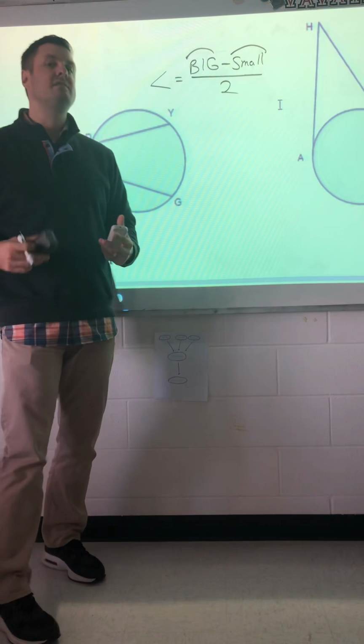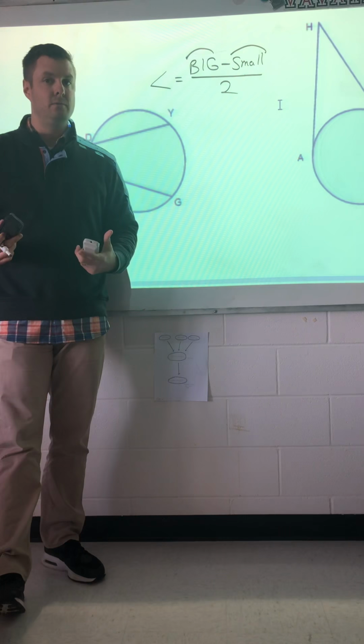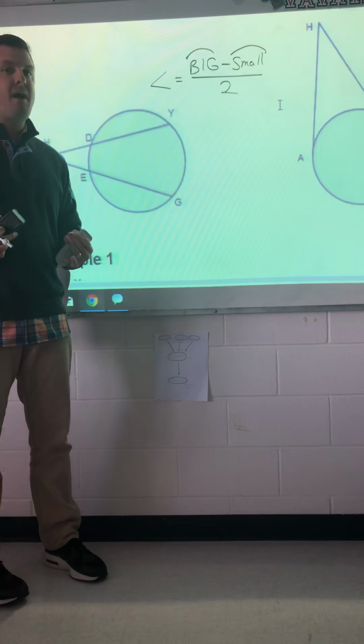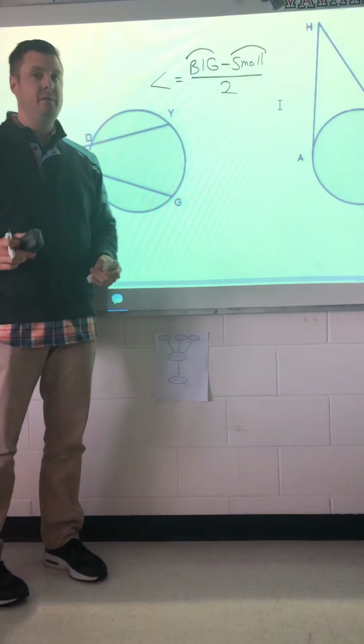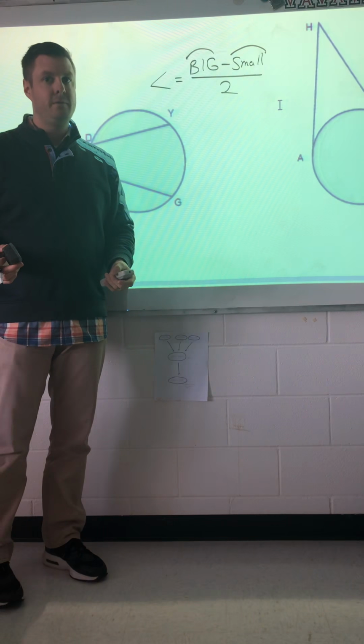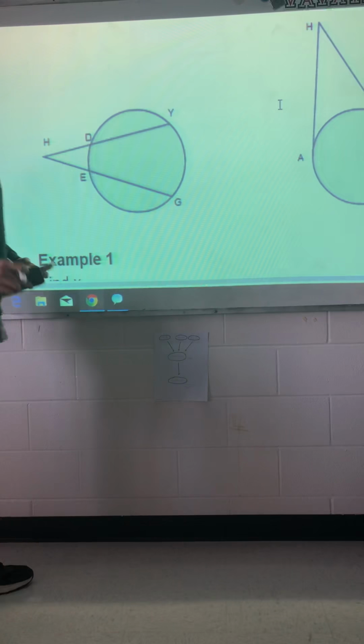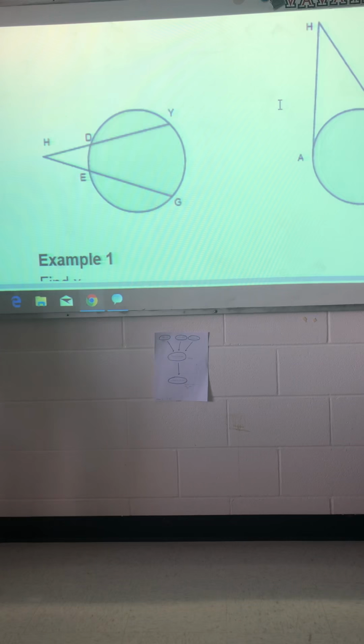Big arc minus small arc divided by 2. That's going to be your outside angle here. If you need to pause this and write that formula down, that's going to be something that you'll want to have in front of you. Okay, let's head down here real quick and look at an example problem.